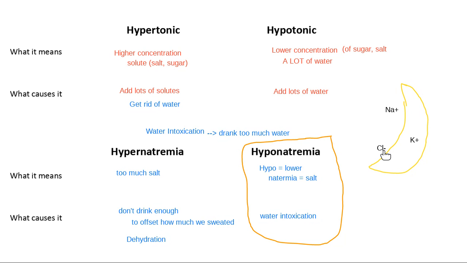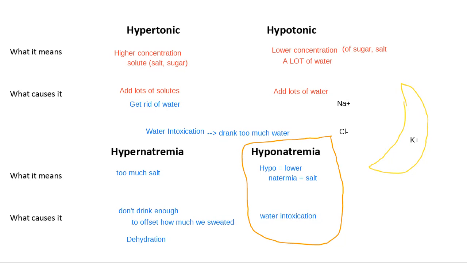Normally, I've got a whole lot of sodium and chloride on the outside. The level that I have on the inside is lower. That keeps me from having too much water go into my cells because there's salt on the outside that attracts the water to stay on the outside. If my salt that's on the outside, I'm going to move it away.